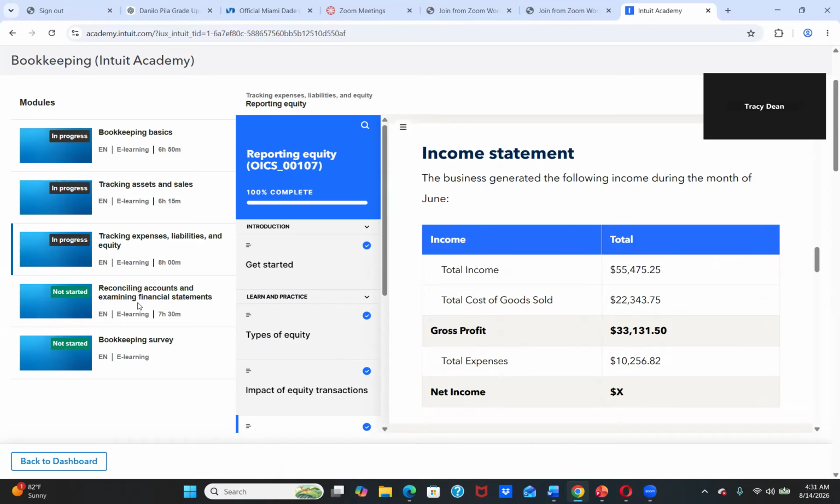So what do we take? $33,131.50. We're going to minus, make sure this is done on the screen, we're going to minus $10,256.82.